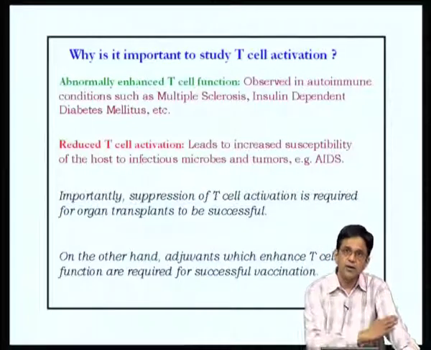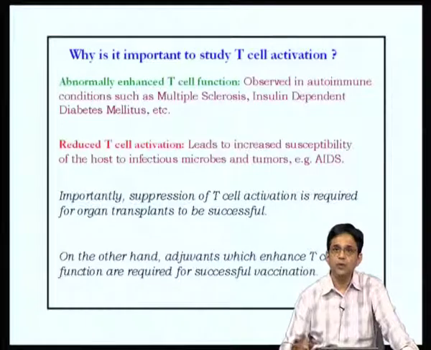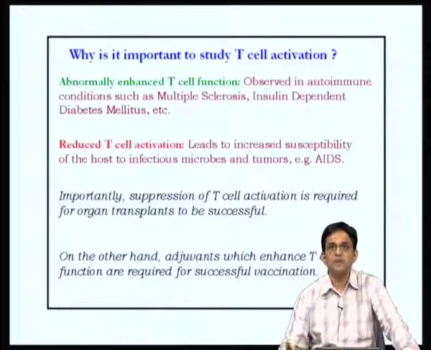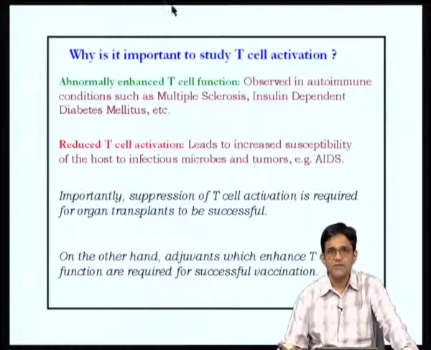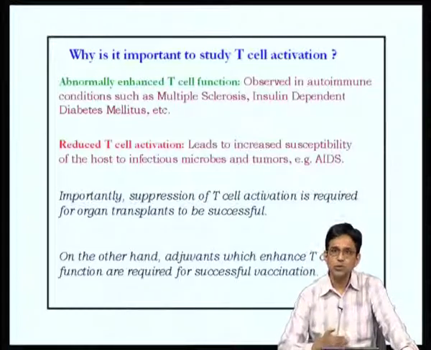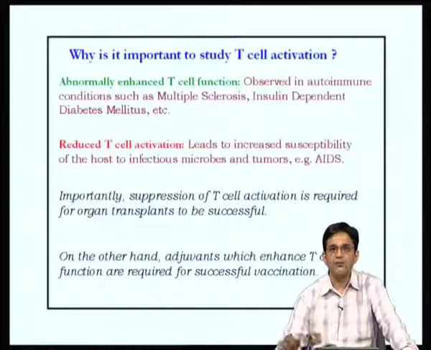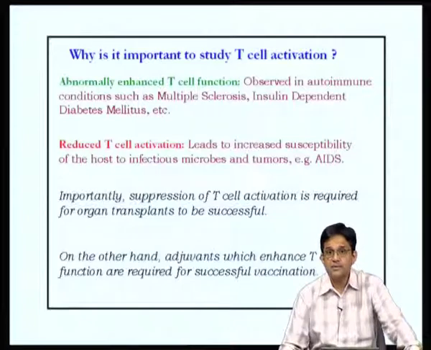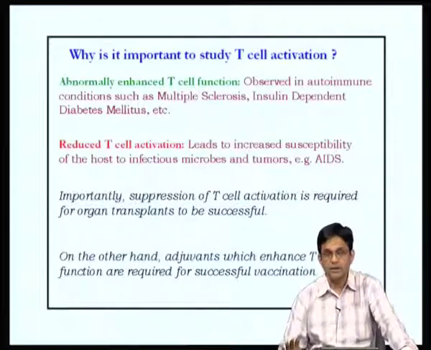But for skin grafts to be successful, how do you achieve grafts that have a higher rate of success? Not only do you need to match the MHC, but you also need to suppress the endogenous T cells so that you don't reject the graft very quickly. You have to give a chance for the graft to be successful, and therefore immunosuppressants are used. So cyclosporine, for example, something that we will study, and cyclosporine-like molecules are used.